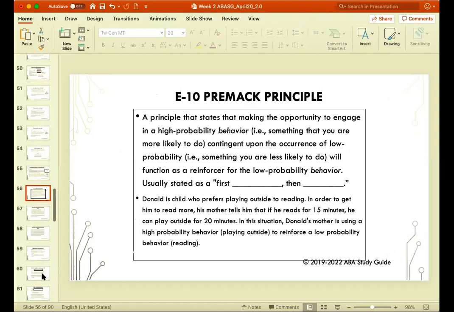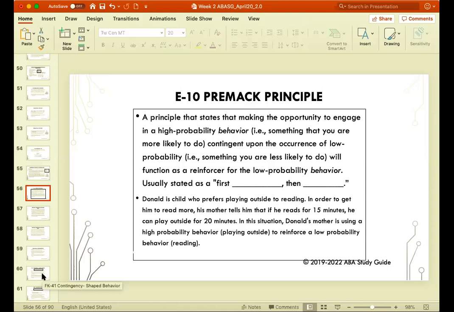Okay, Premack principle. Premack principle, AKA what? Awesome, Grandma's law. So the Premack principle states that the opportunity to engage in a high probability behavior, or something that you are more likely to do, contingent upon the occurrence of a low probability behavior, will function as a reinforcer for the low probability behavior.